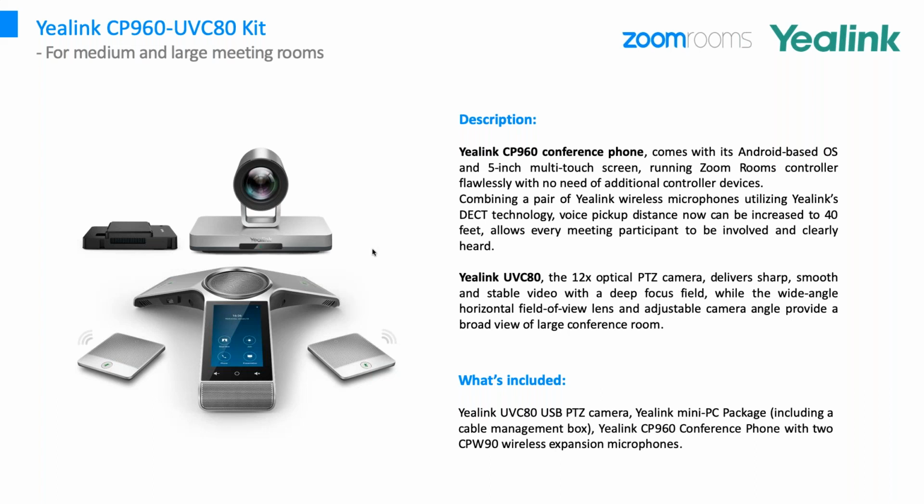It supports very high quality video, 1080p, 60 frames per second, but has the ability to move around, be adjusted, and zoom in at a much greater degree than what we see with the UVC50 and the UVC30. So this is for your larger, more traditional meeting rooms, conference rooms, classroom applications where you need a single camera, but also ample coverage for the larger spaces that you're meeting in.